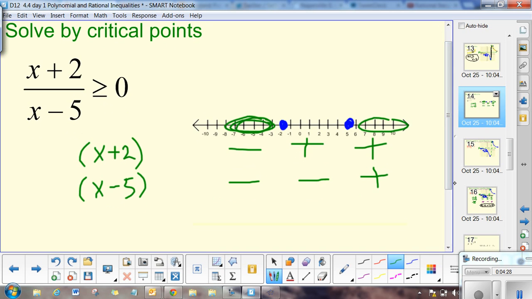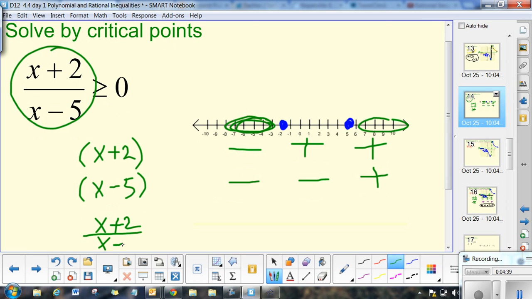Now what we're going to do with this grid is, the problem says to divide these two numbers. So our next line is x plus 2 divided by x minus 5. In this case, we would have x plus 2 as a negative number, divided by another negative number, which gives us a positive number.